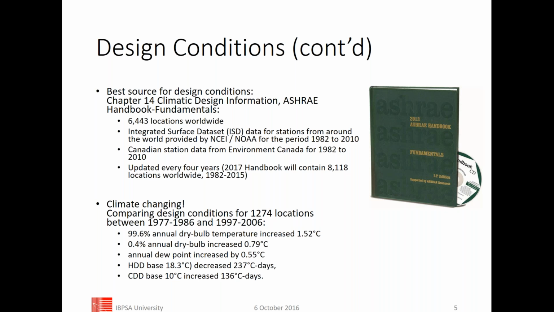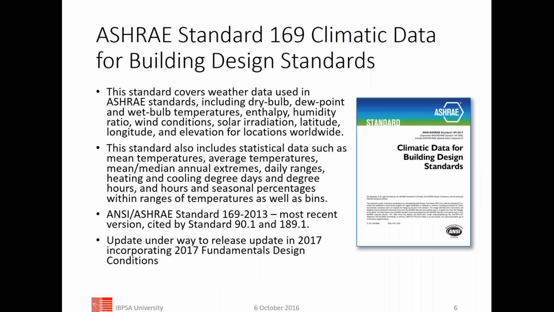So the annual dry bulb for cooling was increasing by 0.8 of a degree C, and the heating was coming up 1.5. That's kind of consistent with what the models show for both urban heat island and potentially for climate change, but I'm not quite sure that this is all related to climate change yet.